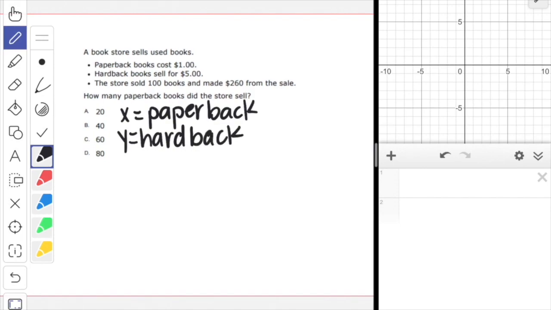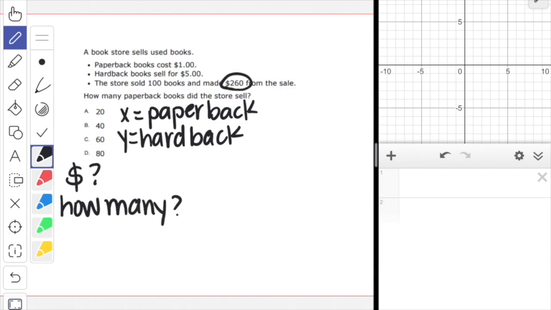So we're going to write two equations. We're going to write the dollar equation, the how much equation, and we're going to write the how many equation. So my dollar amount is $260. So my paperbacks cost $1 for the paperback plus $5 for the hardback for a total of $260.